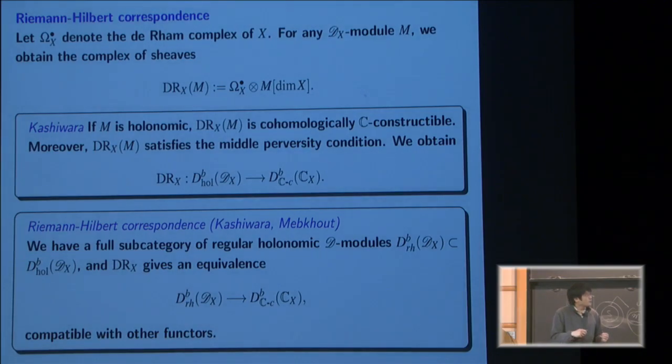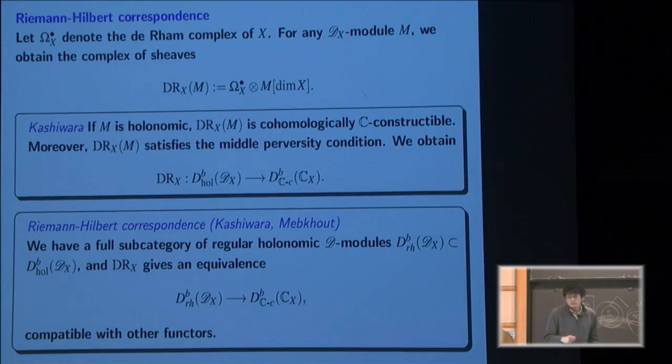So we obtain the functor from the derived category of cohomologically holonomic complexes of D-modules on X to the derived category of cohomologically C-constructible complexes, and it is compatible with the natural t-structure on the left-hand side and the t-structure given by the middle perversity on the right-hand side.